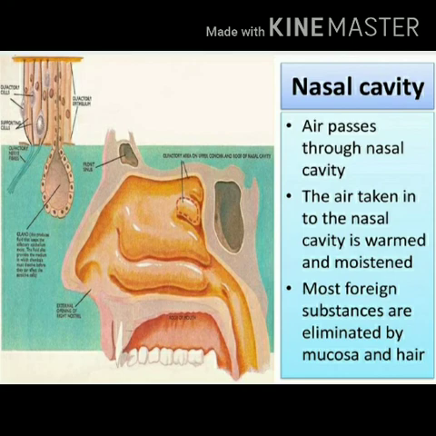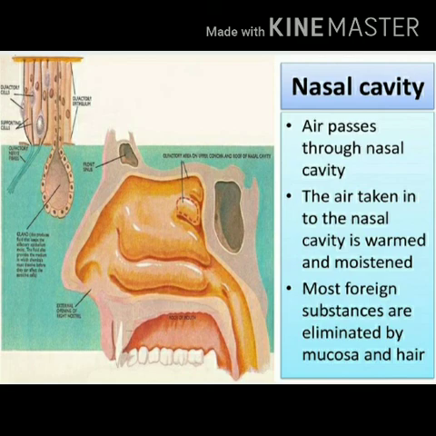We all know that we breathe air through the nose or the nostrils. The nostrils open into a nasal passage, and from there we take air into the nasal cavity. The main function of the nasal cavity or nasal passage is that air is filtered, warmed and moistened before entering into the lungs.